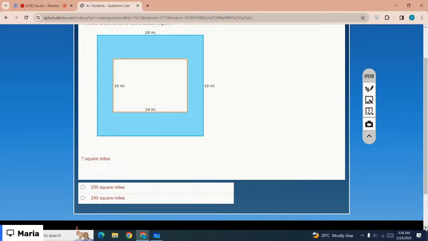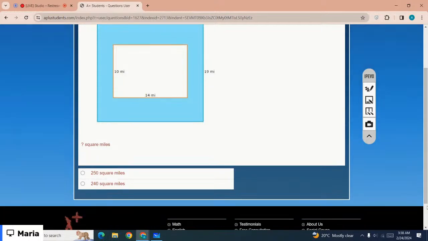So the correct option is 240. Got it? So the correct option is 240 square miles. Option number 2 is the correct option.